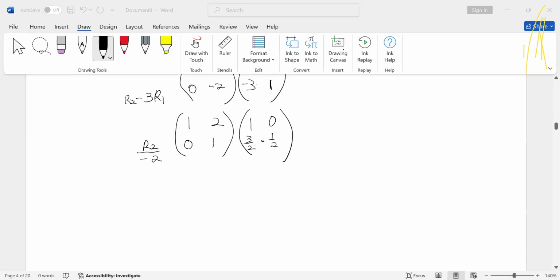We will take row 1 minus 2 row 2. So make sure that this does not change when you're looking at what to do. That's why we came down here.